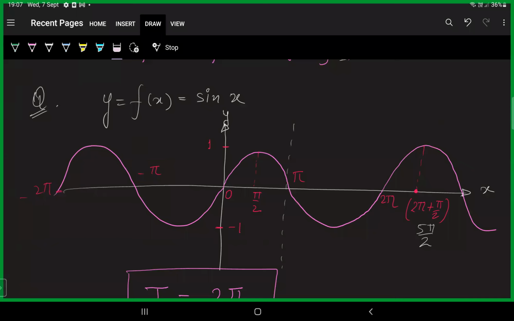Yesterday also I mentioned, just try to divide it. You write these values. This is 1 and this is done.